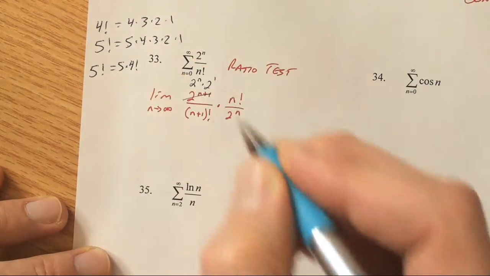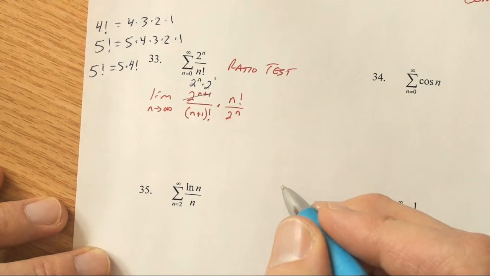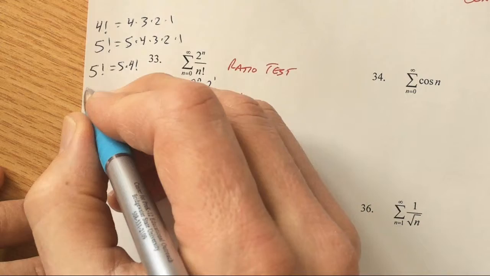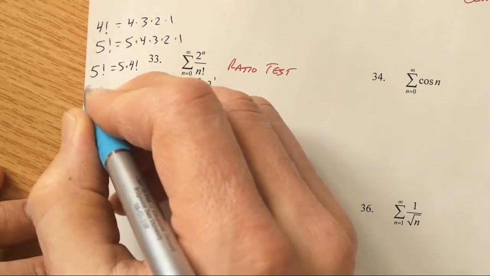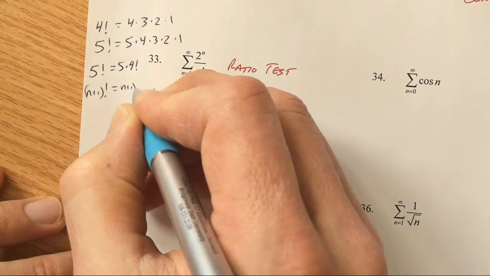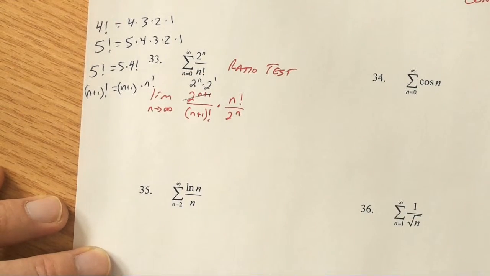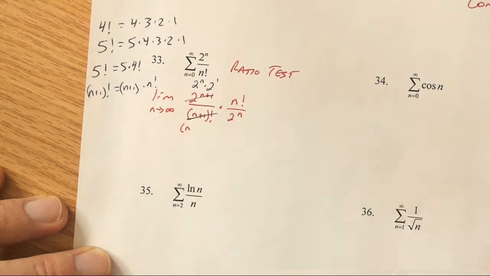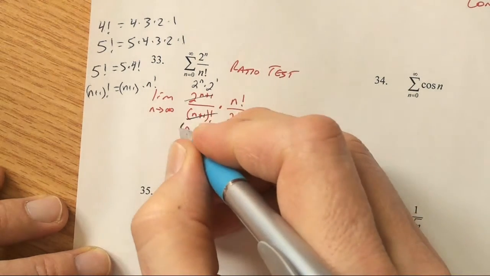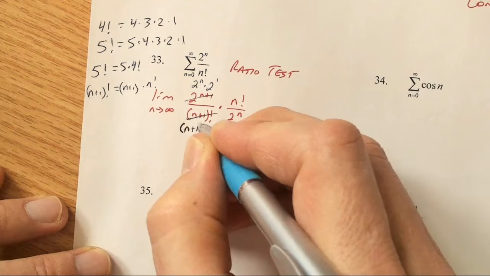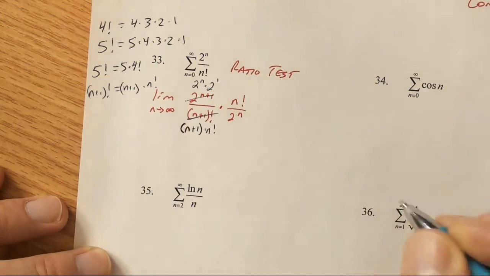So 5 factorial is actually 5 times 4 factorial. So if we have n plus 1 factorial, that's n plus 1 times n factorial. And that's exactly what we're going to do right here. We're going to make this the quantity n plus 1 times n factorial.